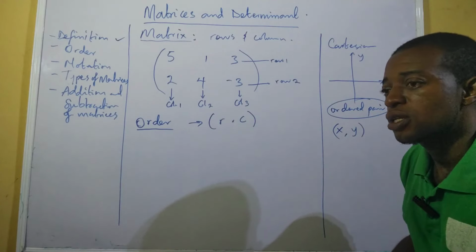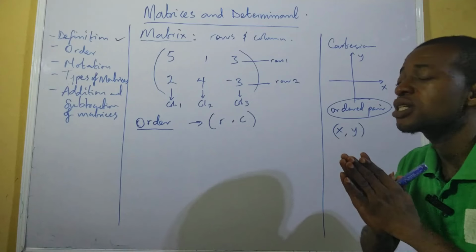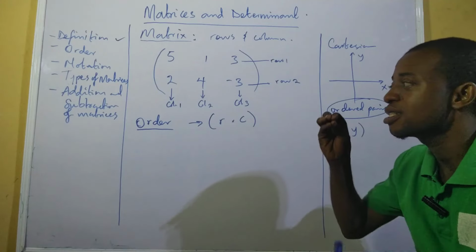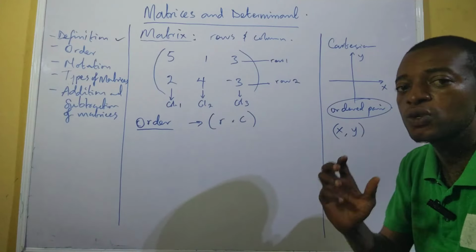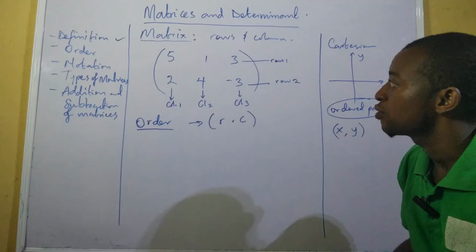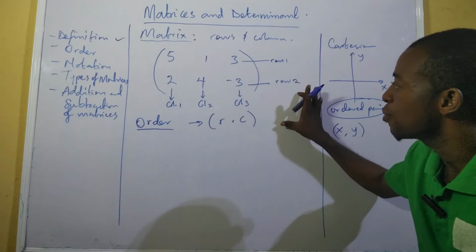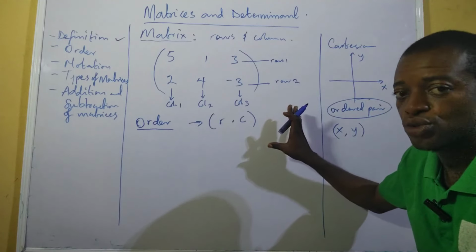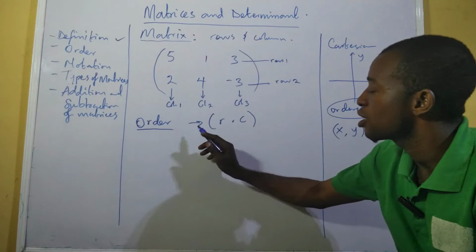Generally, when we want to state the order of any matrix, we need to mention the row first before the column. For instance, the matrix above has 2 rows and 3 columns.